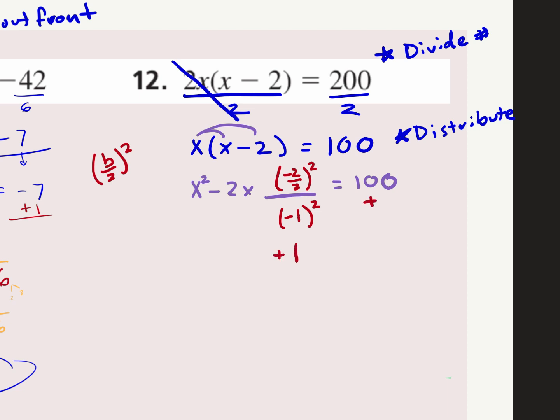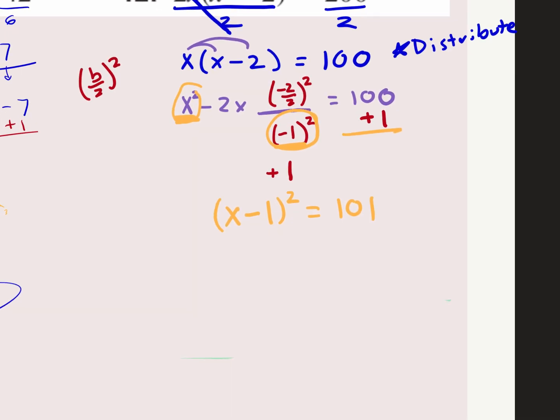That means I also need to add 1 to the right side too. And then in my parentheses squared, I include the x and the negative 1. So it's always whatever is being squared here and whatever is being squared here. So this would be x minus 1. And then that's equal to 100 plus 1, which would be 101.